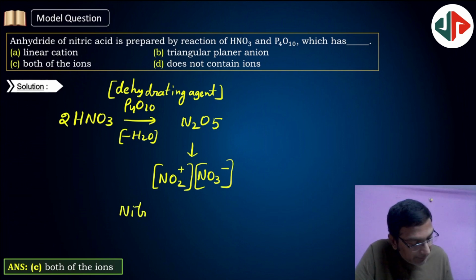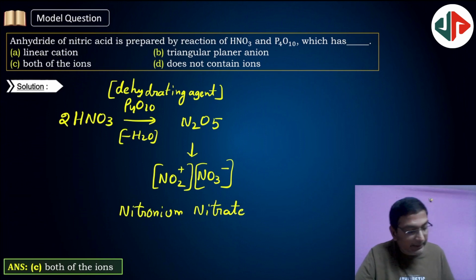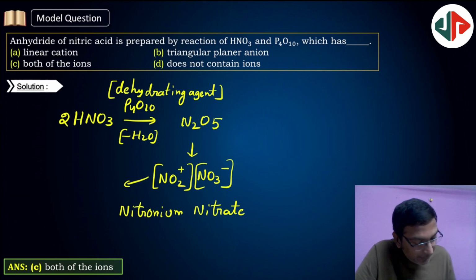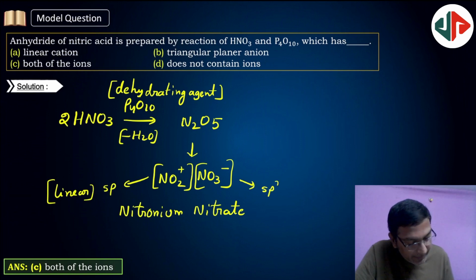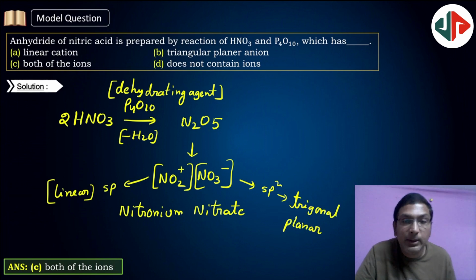So nitronium nitrate. Next. So in this cation is sp hybridization, that is linear, and anion is sp2 which is trigonal planar.